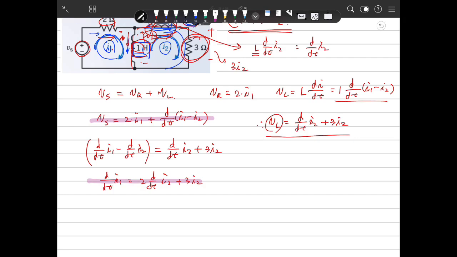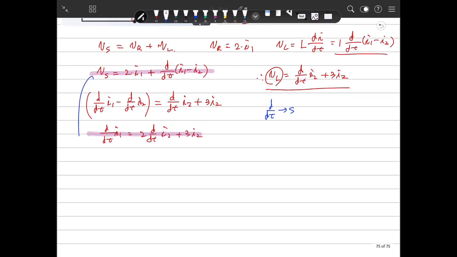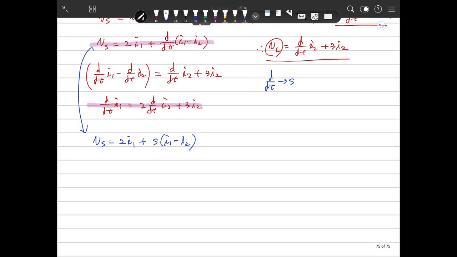But I want to use the operator method. What is that? You can replace d/dt with S. Then you can rewrite this equation. Vs will be 2I1 plus S(I1 minus I2). So Vs will be (S plus 2)I1 minus S I2.